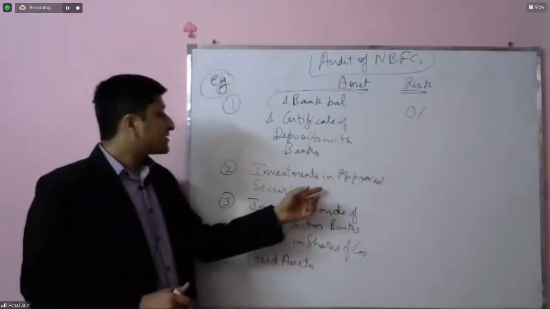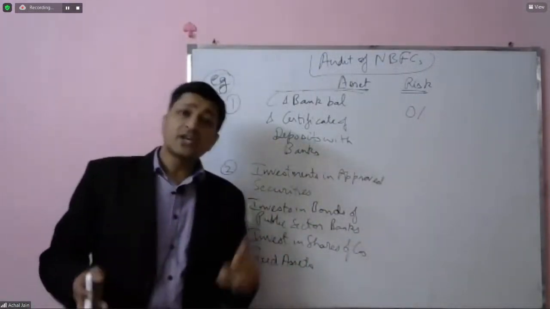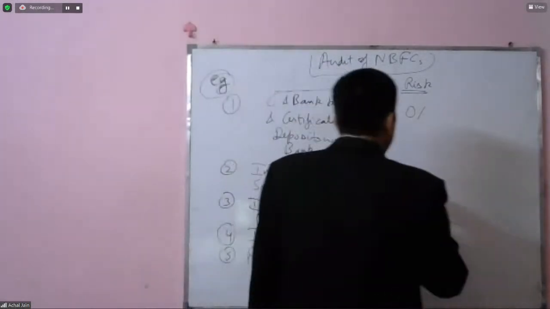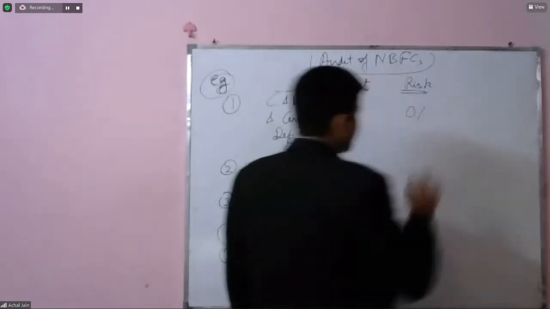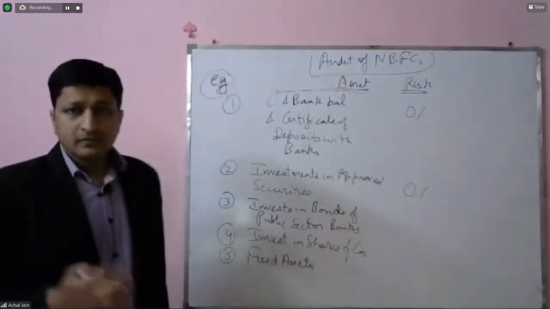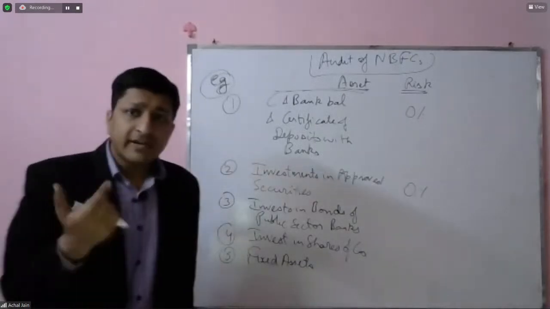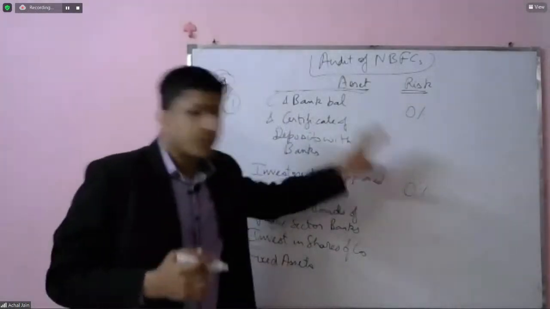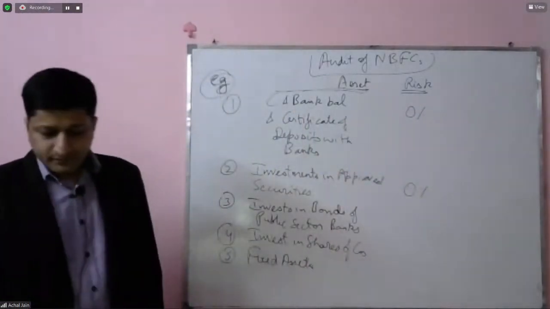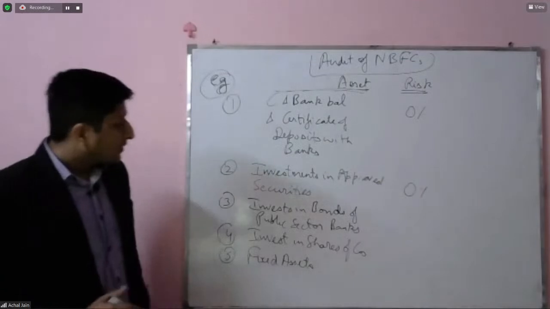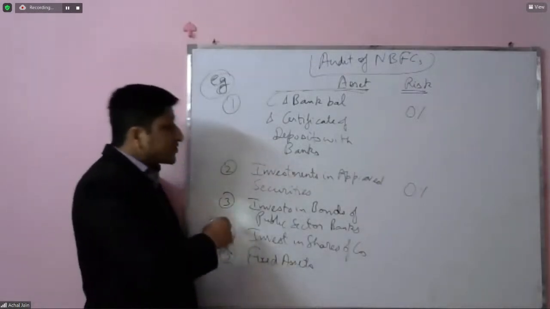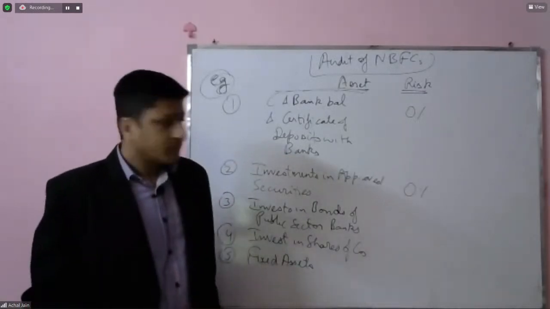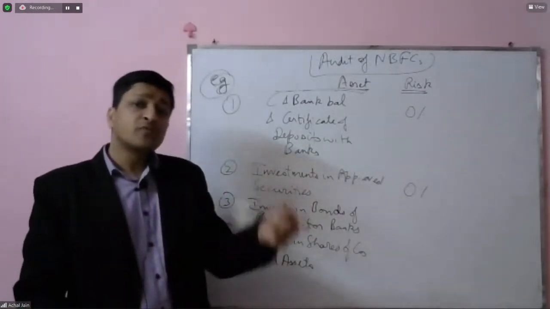Similarly, if the NBFC has invested in securities which are approved by the regulatory authority, those are again considered to be risk-free. So the risk weight which has been attached to this particular asset is 0. Now, when this investment shifts to bonds of public sector banks, the investment is not in an approved security.